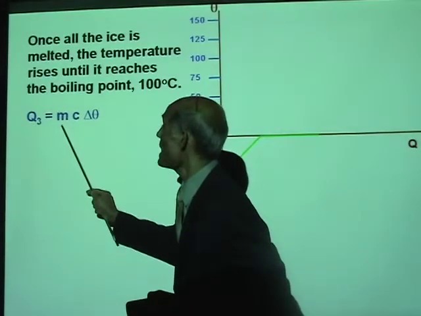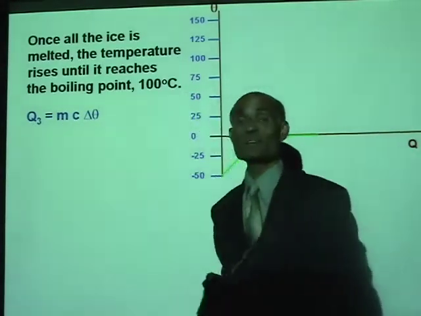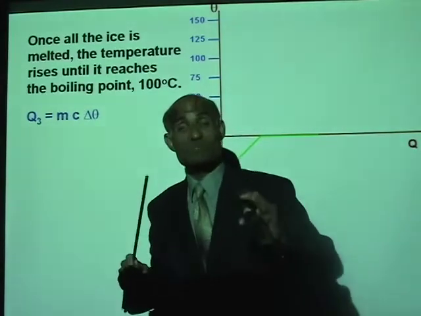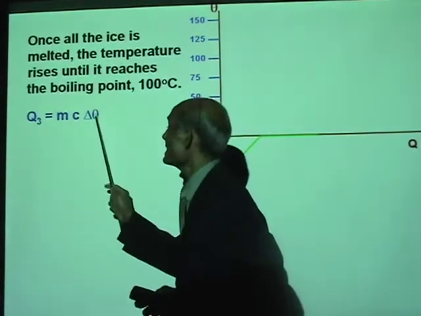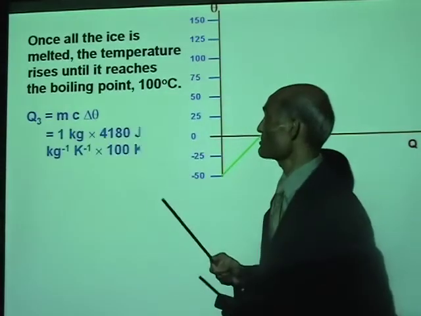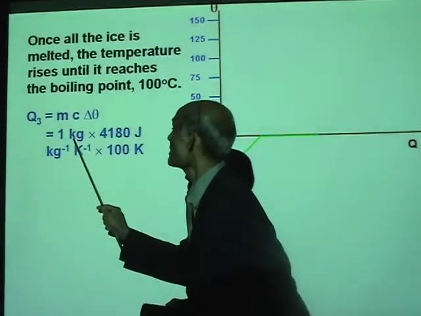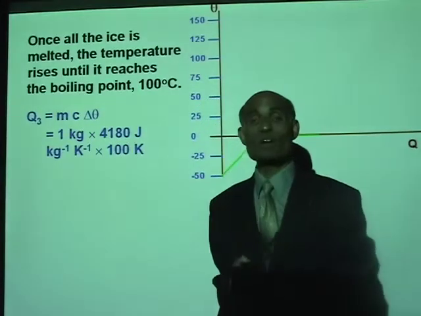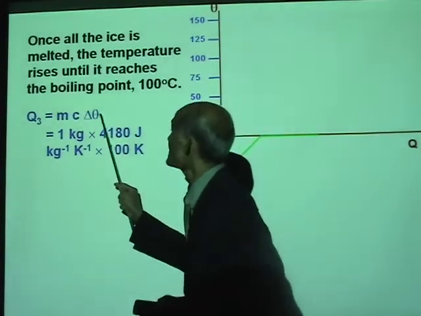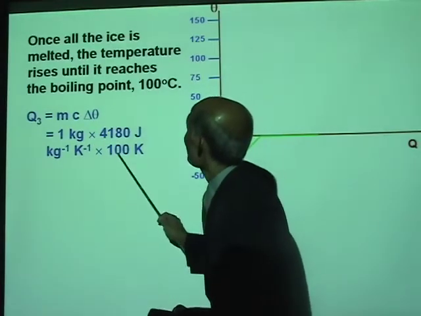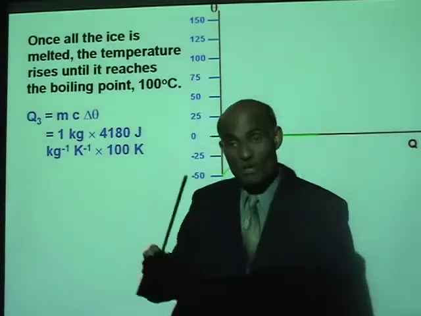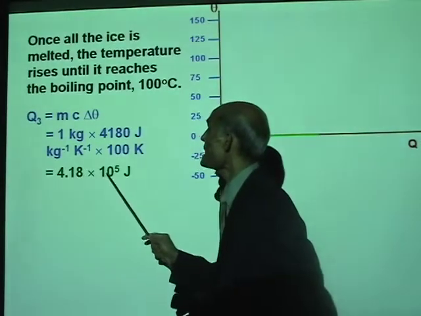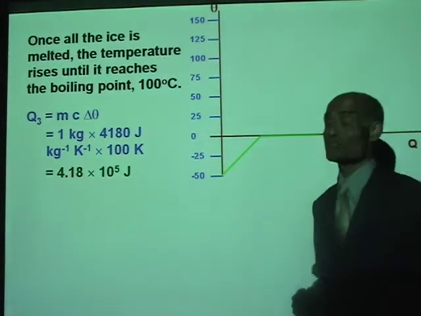Q3 equals mc delta theta, where m is the mass, 1 kilogram, c is the specific heat of water, and delta theta is the change in temperature. That will be 1 kilogram times specific heat, 4180, times delta theta, 100 Kelvin from 0 to 100. And that is 4.18 times 10 to the 5 joules.